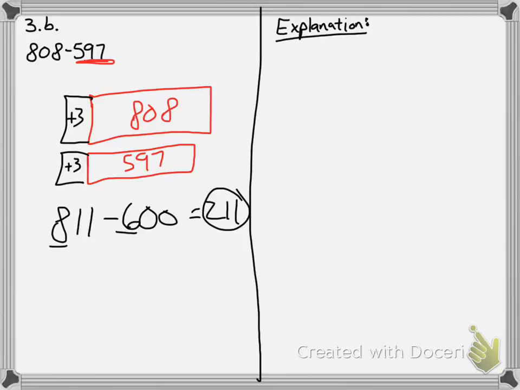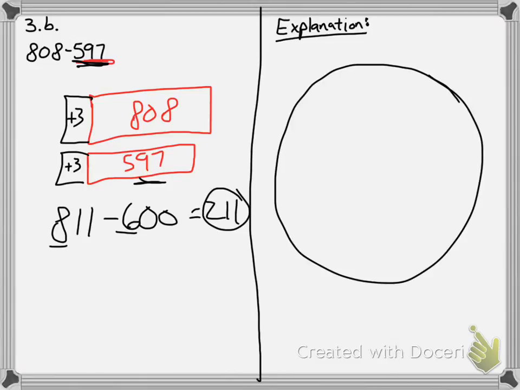And really, I chose this because, like I said, 597 is really close to the next 100, and I could make this problem a whole lot easier just by adding 3 to 597, making it an even 600, and making it so that you can pretty much do it in your head, and that's kind of what you would write right here. So hopefully this is helpful.